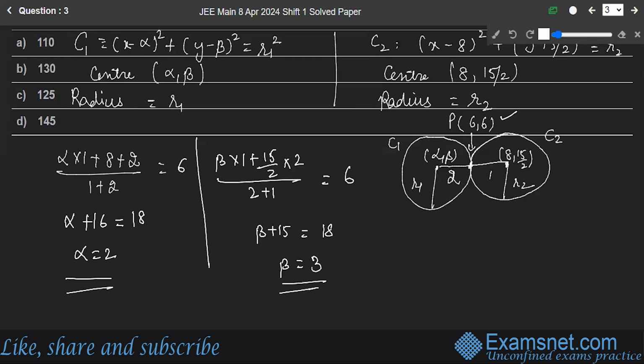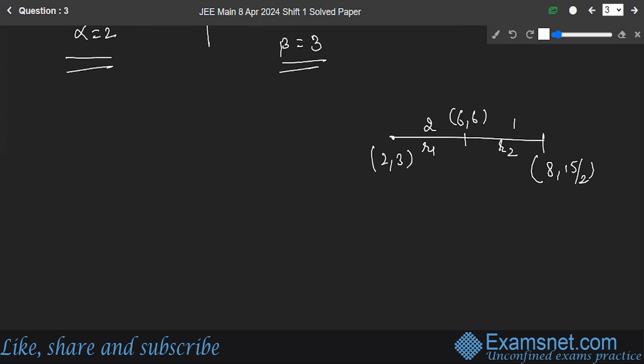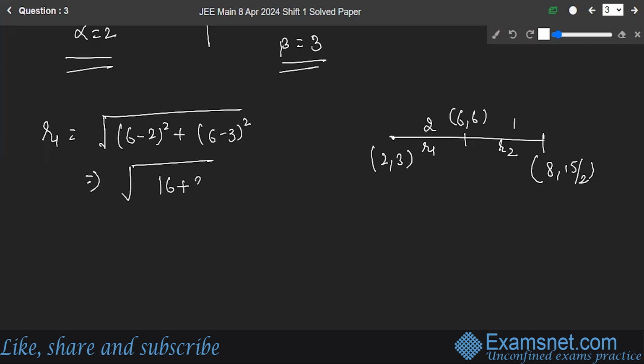Now, that's easy, right? Now, just think of a line. This is the line which is having the coordinates (2, 3), and this is the point (6, 6). This is being divided 2:1, and this is nothing but your R1 and R2, right? Let's find out R1 now. R1 will be given by √((6 − 2)² + (6 − 3)²), which is √(16 + 9).